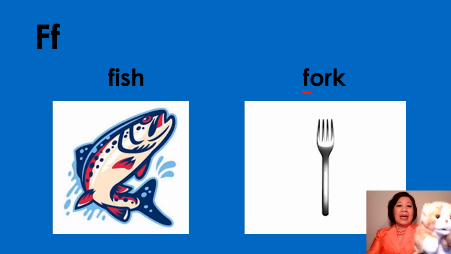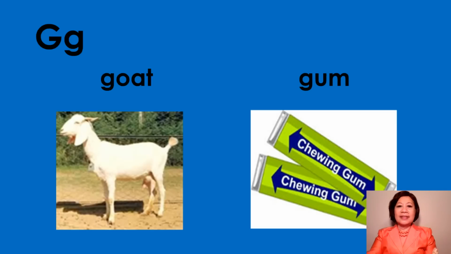Very good. F. F says F as in fish. My pond has plenty of fish. F. F says F as in fork. I use a fork to lift food to my mouth.